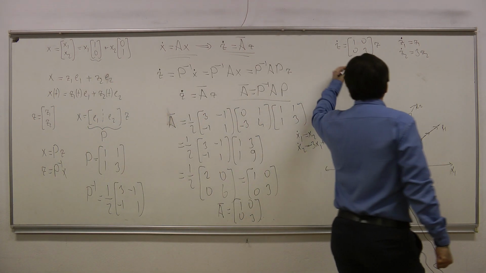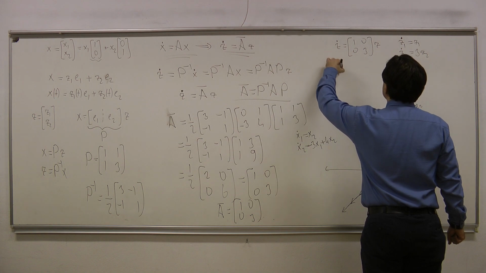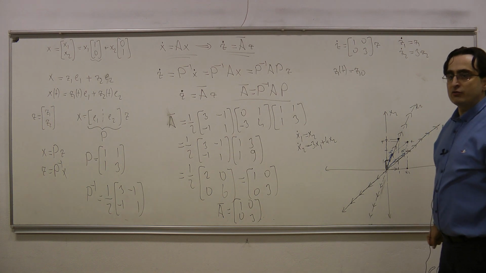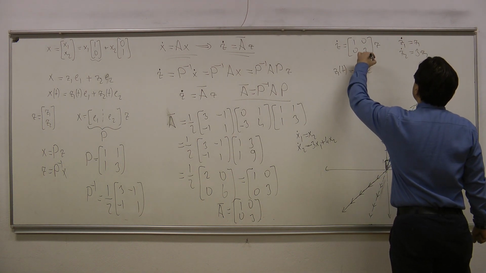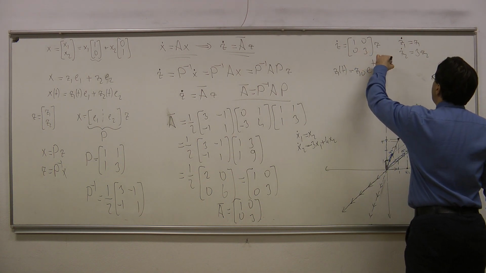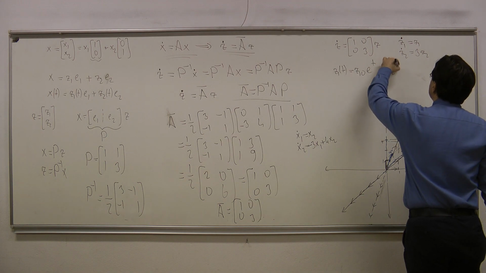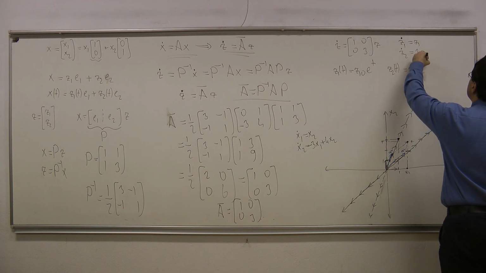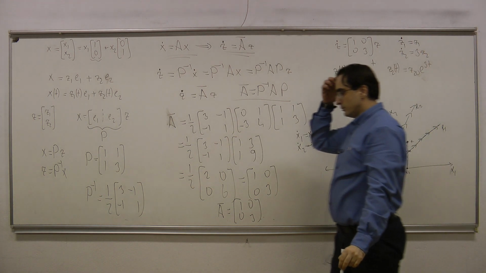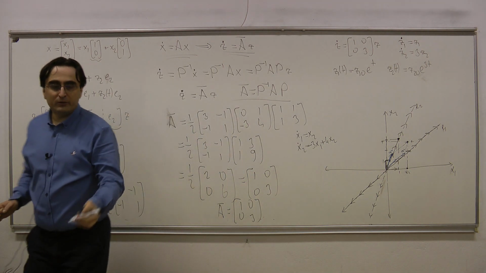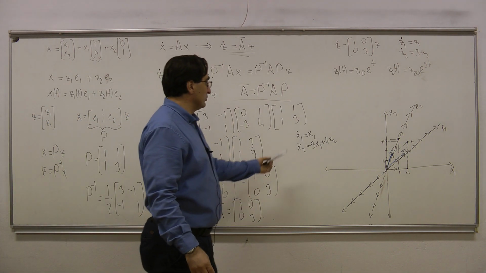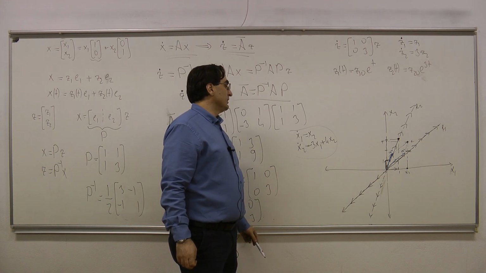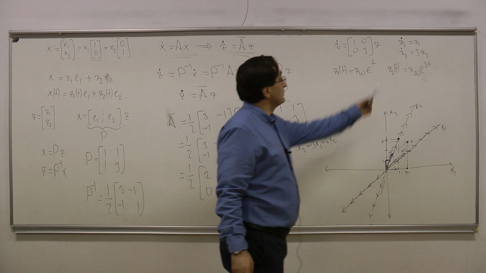What are their solutions? z1 of t is equal to z1 of 0, the initial condition for z1, times e to the t, and z2 of t is equal to z2 of 0 times e to the 3t. So we could write their solution, whereas trying to solve the original system directly would not be meaningful analytically.